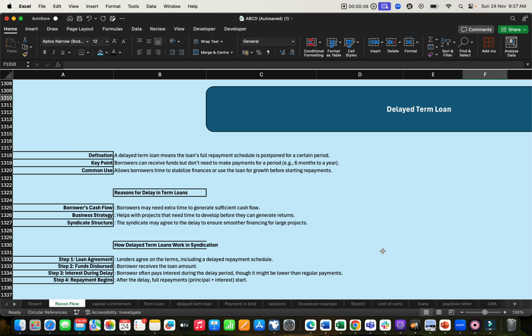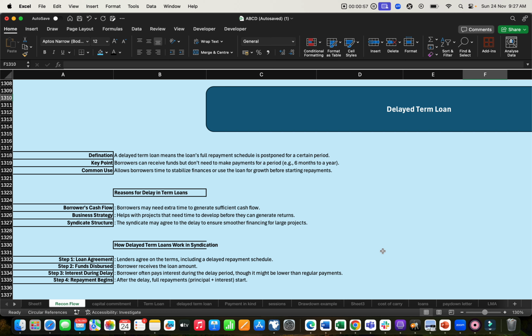So key point, the borrower can receive funds but does not need to make a payment for the period. Example, 6 months to a year. It allows the borrower time to stabilize his finances and use the loan for growth before starting repayment.